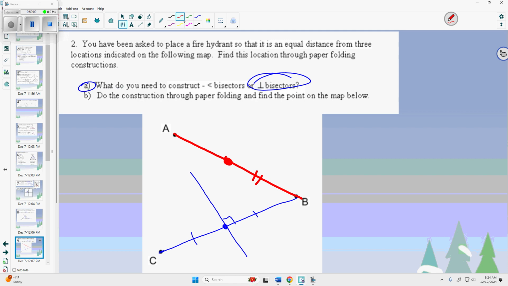Here's my middle. Here's my perpendicular. There's my fire hydrant. So for A, B, and C down the bottom, you were just folding point to point. Because point to point finds the bisector of that segment.